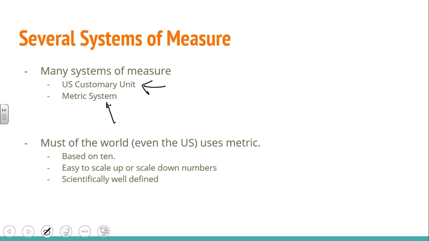But even so, there are other systems of units, like the imperial units that are used by countries like Liberia, and even Burma has its own system of units that is controlled by the government there. So everybody has different systems of units, but by far and away the metric system is the most popular.